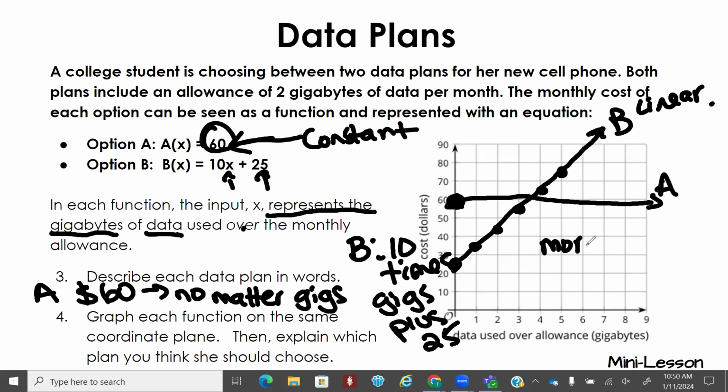Okay. So more gigs, you want to use A. Less gigs, you want to use B. Like for you and me, probably it would be option A, right? Like, because we use a lot of data. But for your grandma that probably texts like 2 people like a day, maybe she wants to use option B, right?